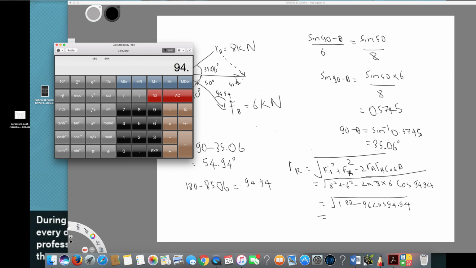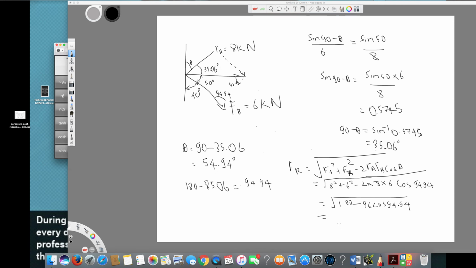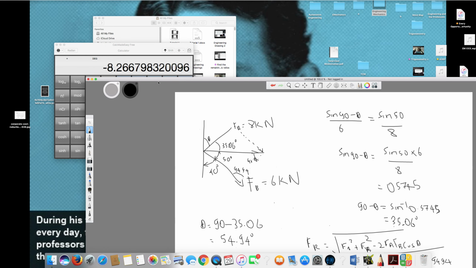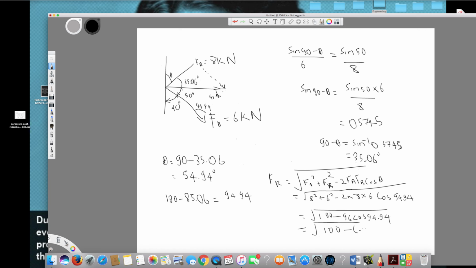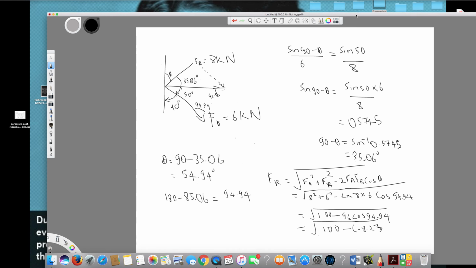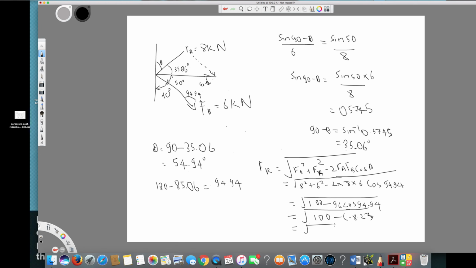Cos 94.94 multiplied by 96 is equal to negative 8.23. So it's 100 minus negative 8.23, and the whole thing is going to be the square root of 108.23.